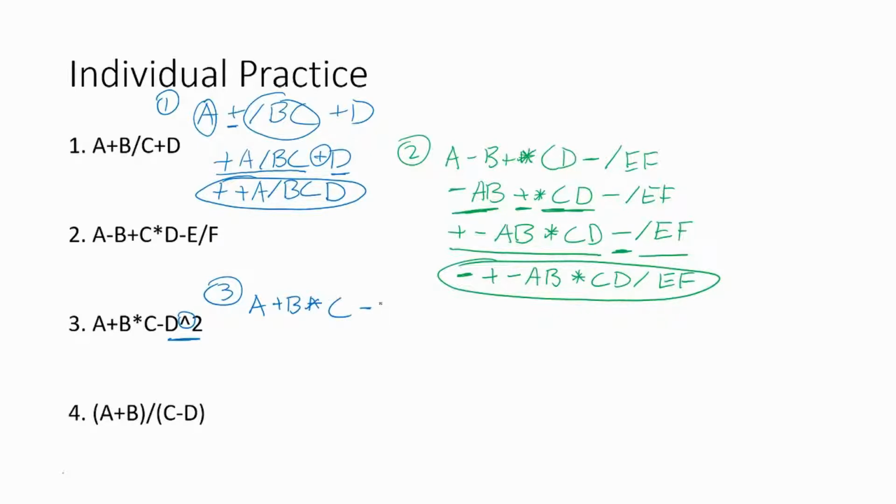Let's put the operator first before my two operands. Okay. Now, what would I do next? I'll do this multiplication right here. So A plus multiply B, C, and then everything else.